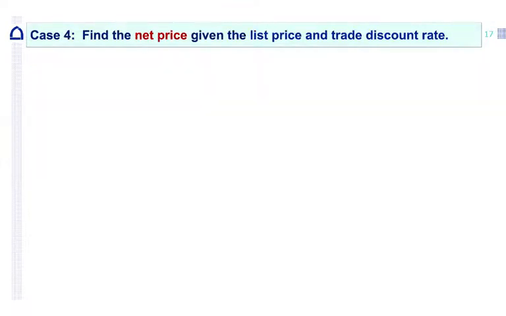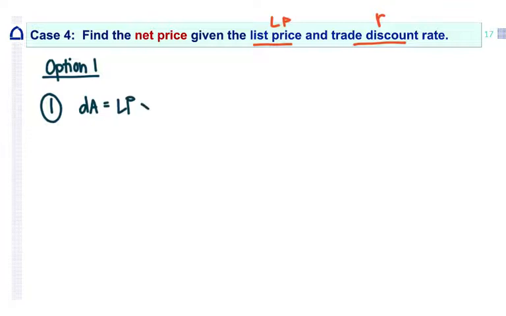Okay, the next type of question, you are going to have two different choices in how you want to do it. So I'll give you both options and you can choose. When you want to find the net price and you're given the list price and the discount rate, we'll just call that R in this case. The first option is that you will first find the discount amount by doing the list price times the discount rate, and then you'll use that information to find the net price by plugging in the list price minus the discount amount.